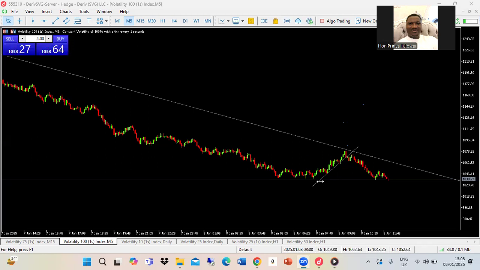What is the place of indicators in trading? Indicators give you signal to enter, sell or buy, but indicators are not the best. It's good to use price action. When you say price action, it is you seeing the price as it is happening. You are using trend lines, you are using support and resistance.